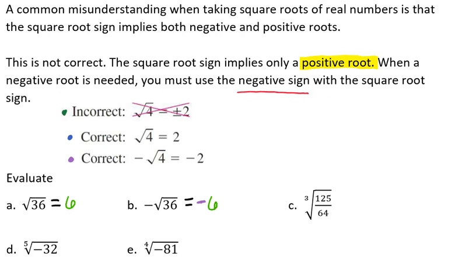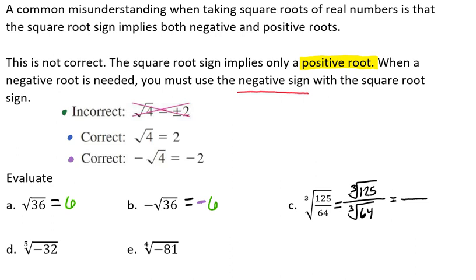Let's look at a problem that's a little bit more complex. If we look at problem C, it says the cubed root of 125 over 64. Now we know that we are able to split this up. So we can say the cubed root of 125 divided by the cubed root of 64.